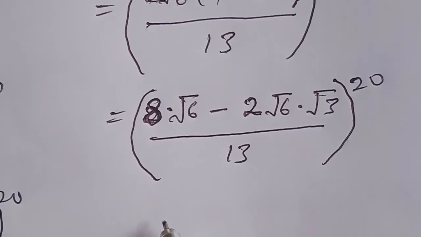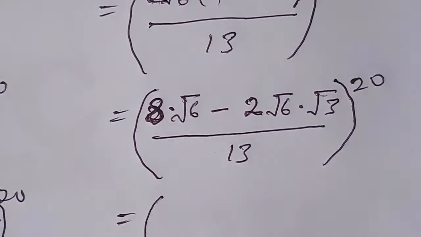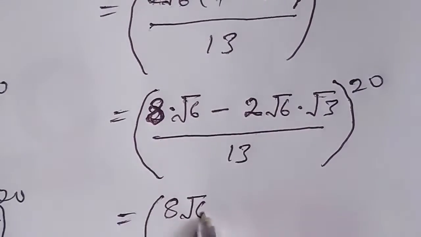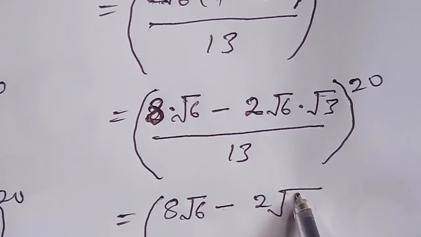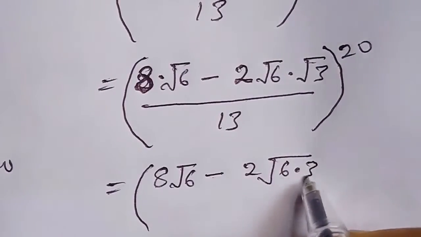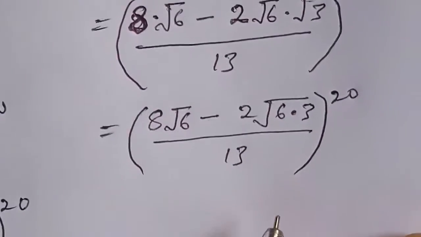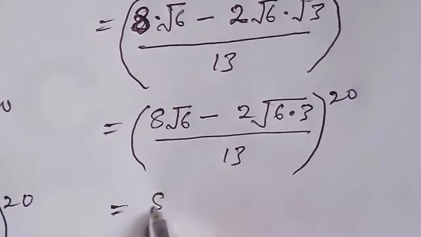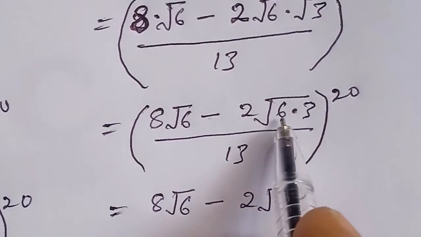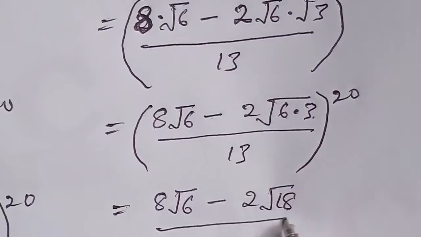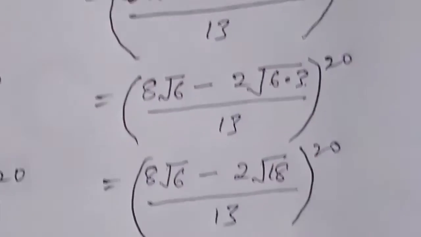Now this is equal to 8 square root of 6 minus 2 square root of 6 multiplied by 3 over 13, close the bracket to the power of 20. And this is equal to 8 square root of 6 minus 2 square root of 18, 6 multiplied by 3 is 18, all over 13 into bracket to the power of 20.